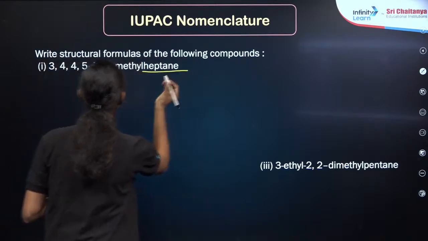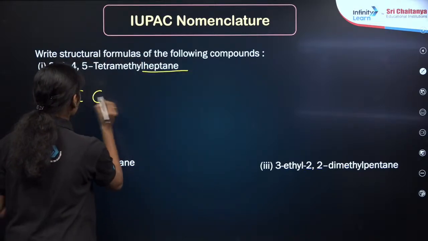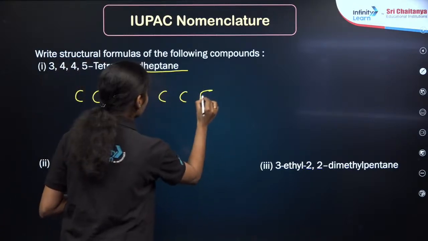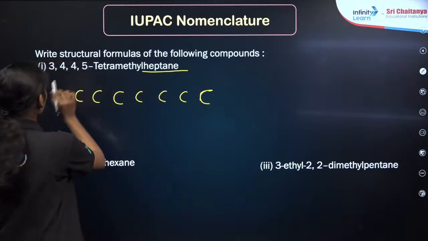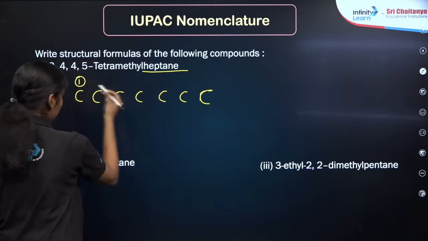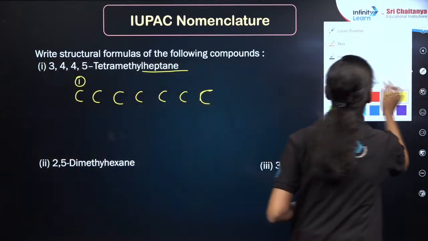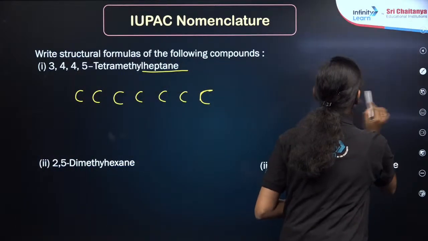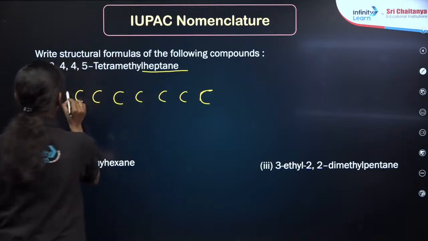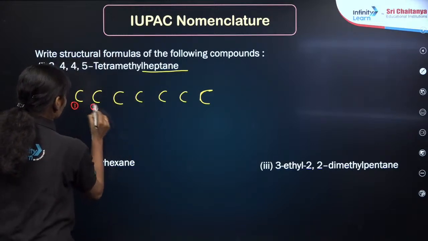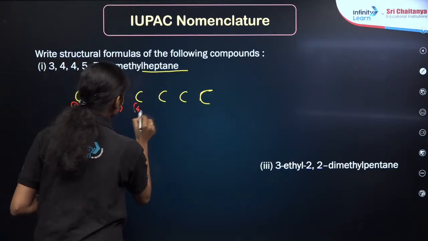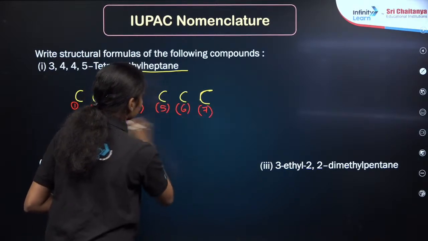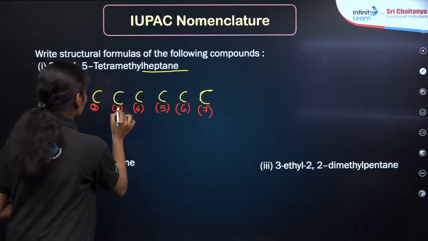Heptane, right? Which means that the longest chain must contain 7 carbons. So I will start with the carbon here. 1, 2, 3, 4, 5, 6, 7. Right? Yes. So if I am starting numbering from here, 1, 2, 3, 4, 5, 6.